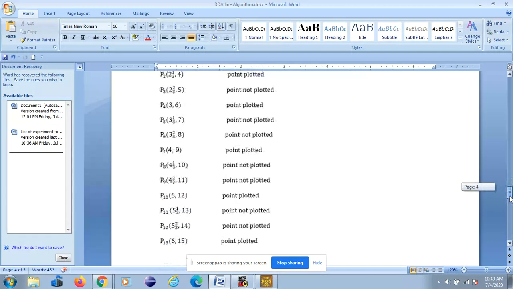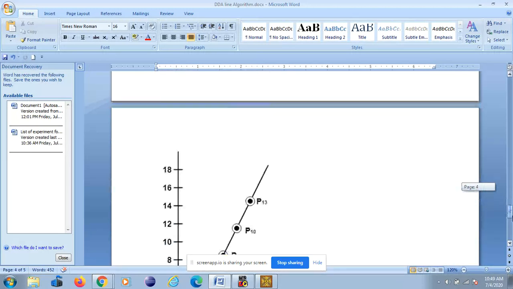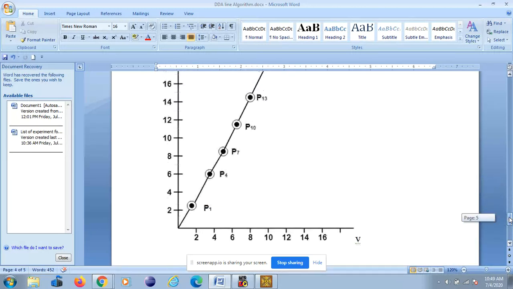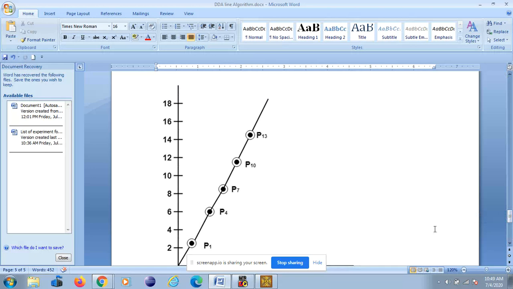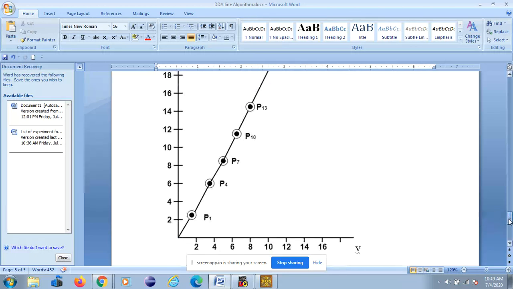After calculating all these values, we are able to plot the points like this. Here the first value is p1, then p4, and so on; we plot the intermediate points, and after that we are able to draw the line.